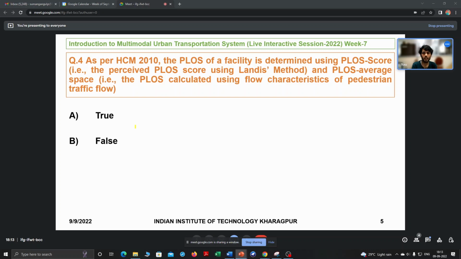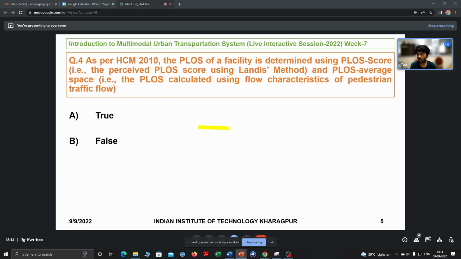This is HCM 2010, meaning the United States HCM 2010. And then based on another factor, which is called PLOS average space, that is the PLOS calculated using the flow characteristics of pedestrian and traffic flow. So just remember this before you attempt to answer.